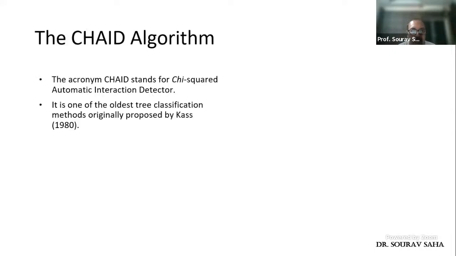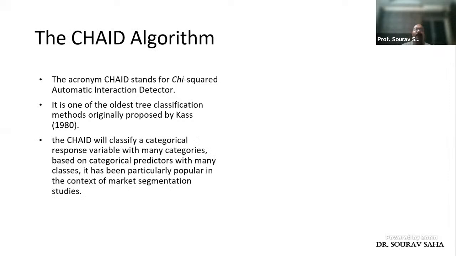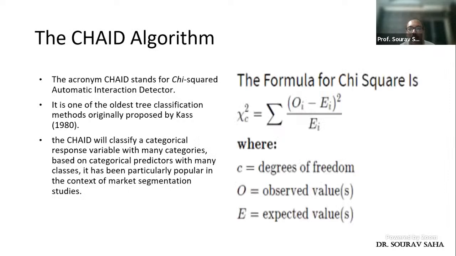So this was the chi-square algorithm, and this was the formula which I talked about, right? The observed value minus the expected value squared, divided by the expected value. So we find out the chi-square value, and as we have seen, if the observed and the expected value are in sync, whatever the observed is saying, the expected is also saying the same thing, which means that particular variable doesn't have much bearing.